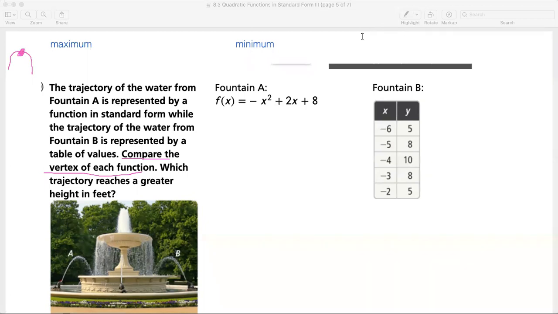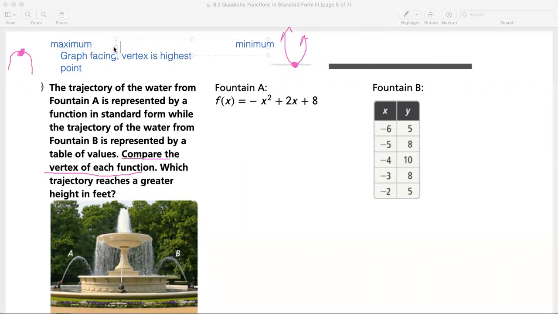So when you have a maximum, it's a graph facing down. Vertex is highest point. When you have a minimum, your graph is facing up. And your vertex is your lowest point.